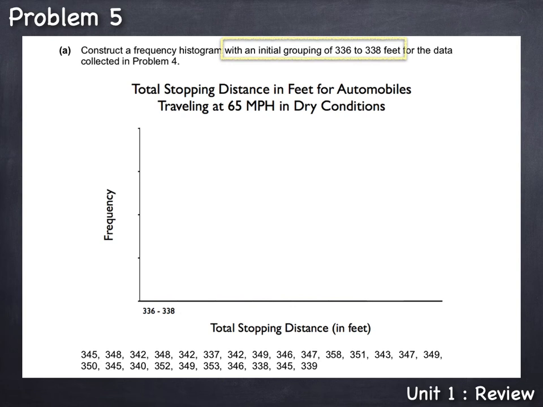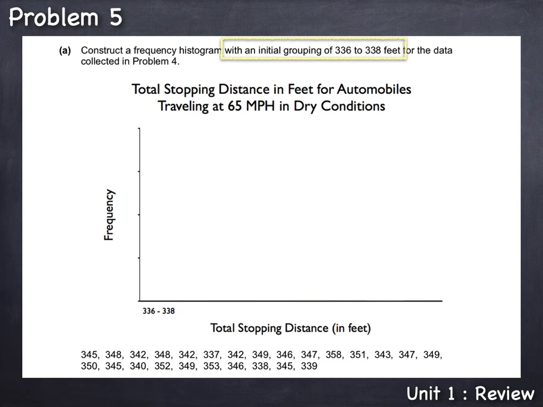To do this, we notice that the initial group of 336 to 338 feet is grouping the data 3 feet at a time. That is, you have 1 at 336, 2 is 337, and 3 is 338. So we need to make all of our groupings by threes, or making a class width of 3 feet.